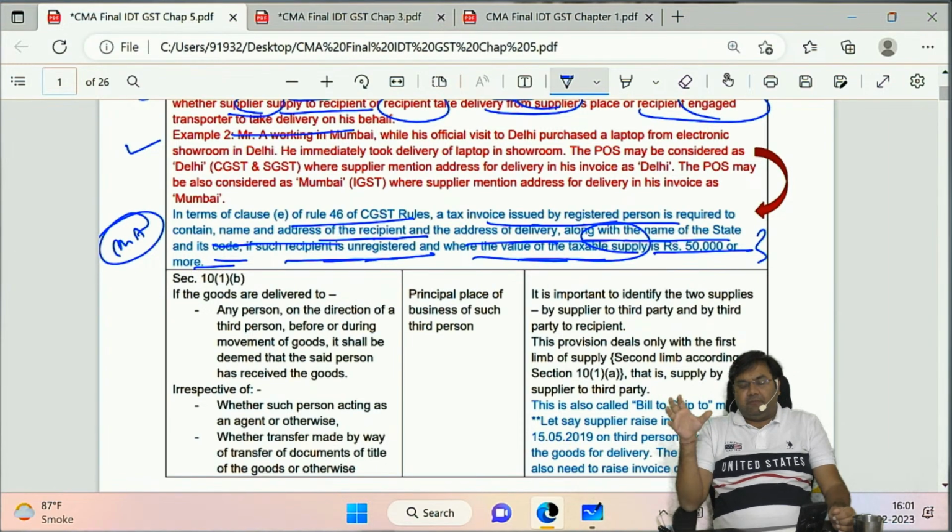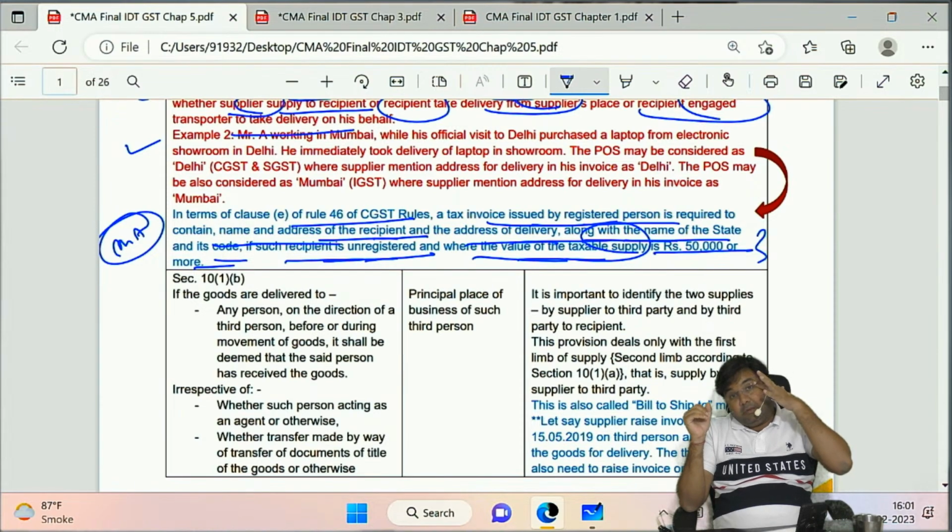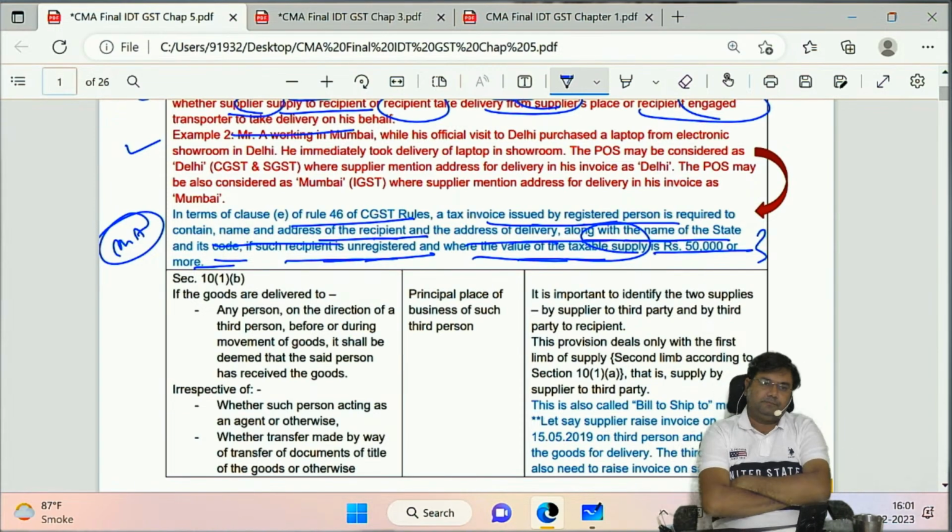Through your friends and family in Chennai, you came to know that if you would like to buy a laptop, the laptop price is lesser, meaning you can find a laptop at a cheaper price in Delhi, and you wanted to buy the laptop.